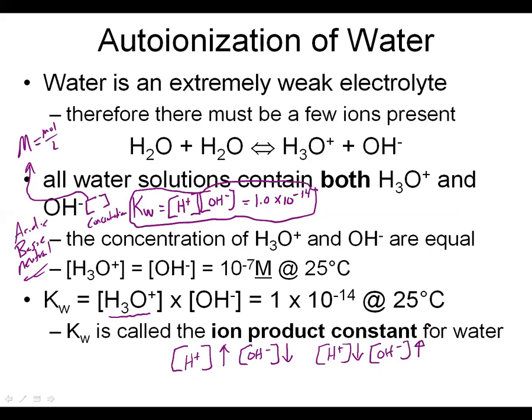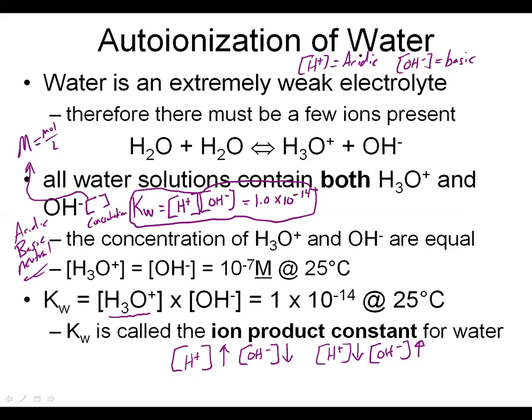So we can use this as a formula to calculate either the H plus concentration or the OH minus concentration. Essentially, you can think of the H plus concentration as the acidic part and the OH minus concentration as the basic part.